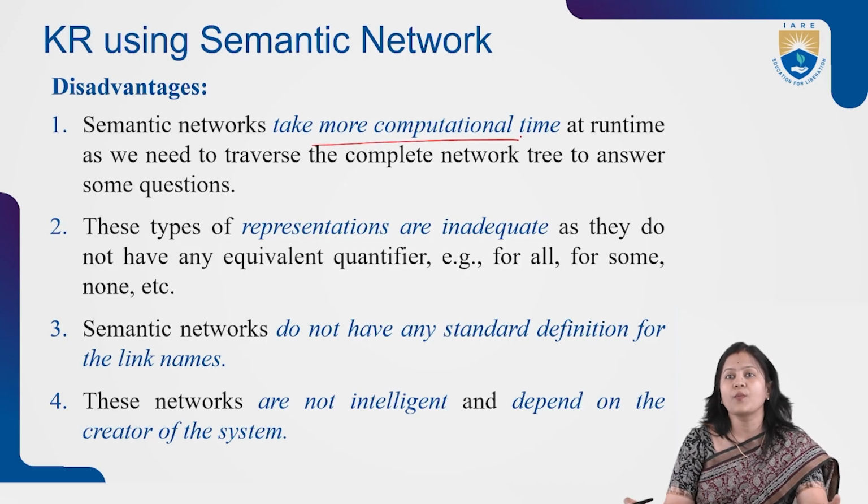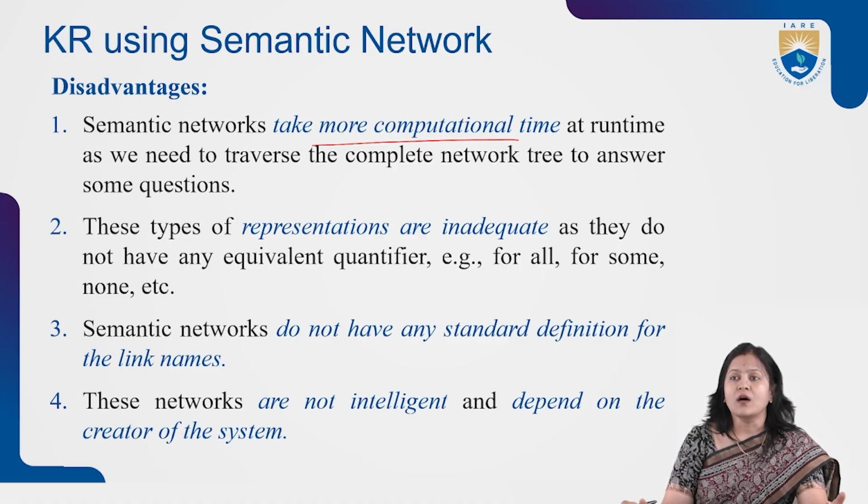Why does it take more computational time? Because at runtime, if we need to traverse a complex network to answer some questions, it takes lots of time to go back to the parent class. So the computational time will be more, because traversing any graph takes a lot of time. That is the first thing. Second, these types of representations are inadequate as they do not have any equivalent quantifiers.